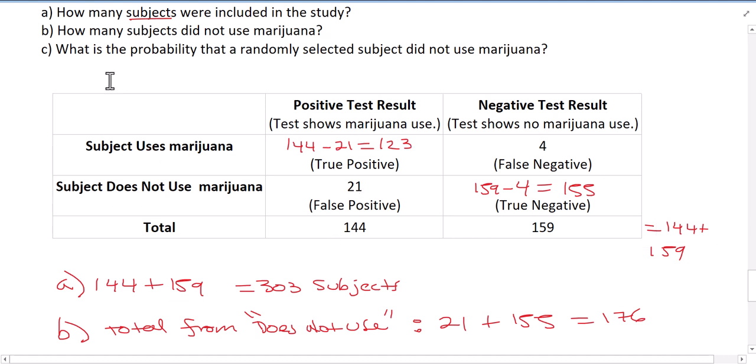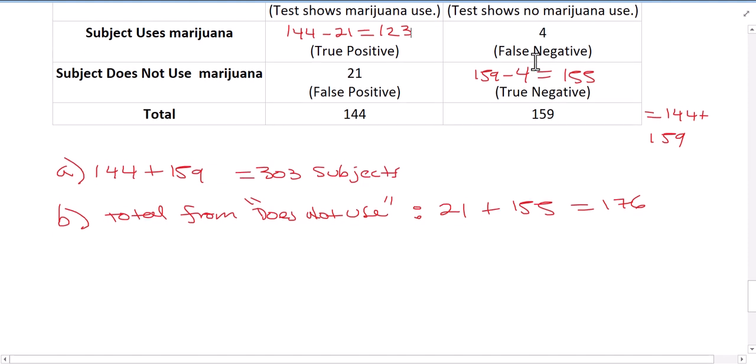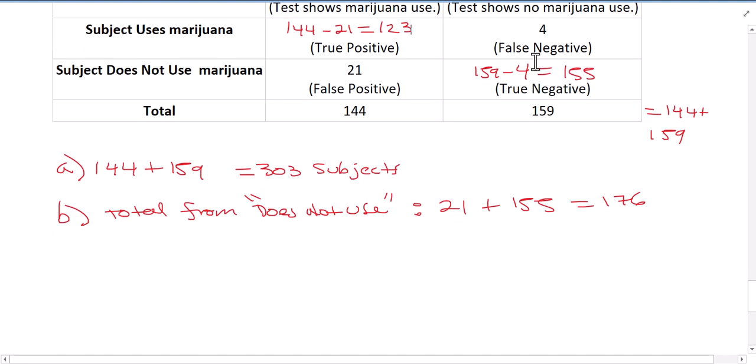All right, so what is the last question? What is the probability that a randomly selected subject did not use marijuana? Well, we already have the total of those who do not use, so it's 176. So the probability of not using would be 176, right?